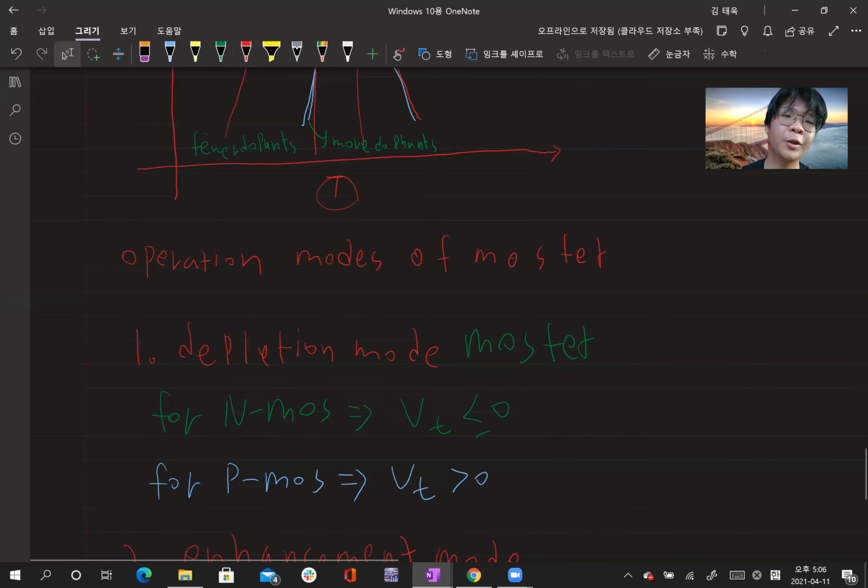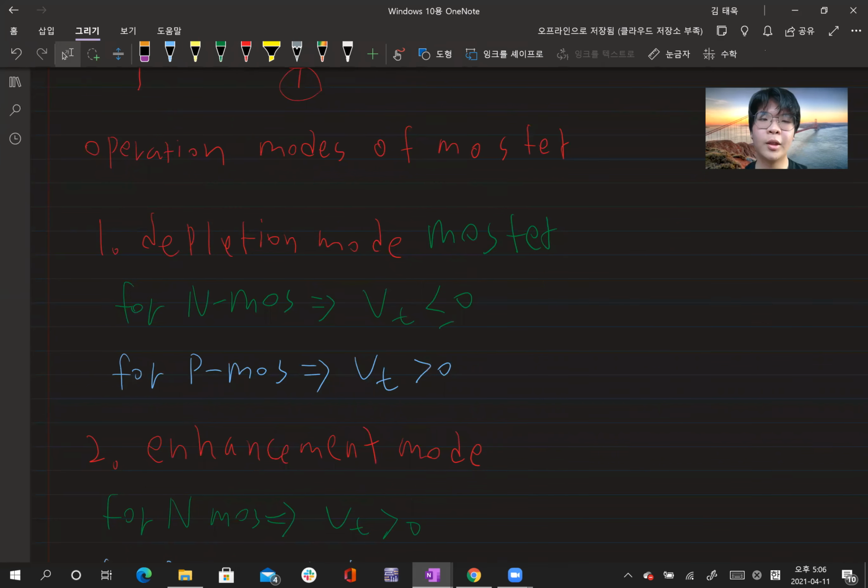The operation modes of a MOSFET have two types. First of all, depletion mode, which means that the channel is already induced before the gate is biased.